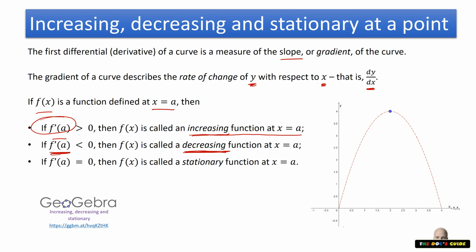And right at the very top of this curve, if the first differential at that spot is 0, which means that the tangent to the curve is horizontal, then f of x is called a stationary function at that point where x equals a. So we've got an increasing function anywhere where the slope of the tangent is positive, a stationary function where it's 0, and a decreasing function anywhere where the slope is negative.